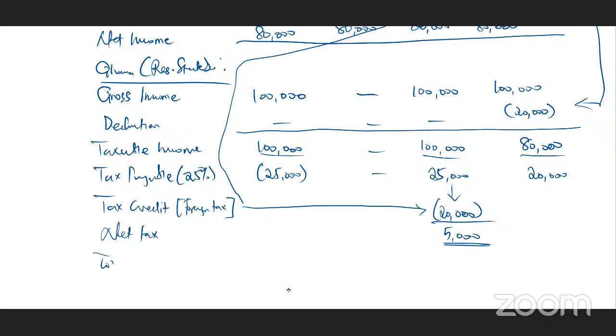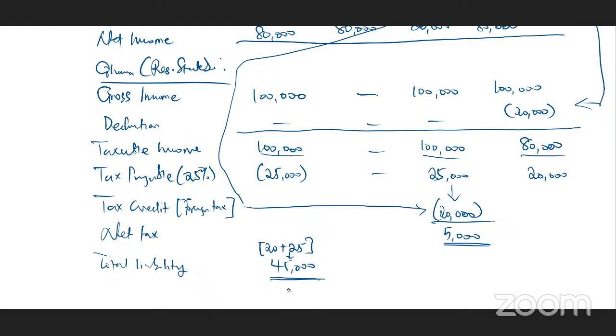So the total tax liability for each of them is that this guy will end up paying a total tax of 45,000. Do you all agree? Because he paid 20 in the UK and came to pay 25 in Ghana. No relief. Makes sense?